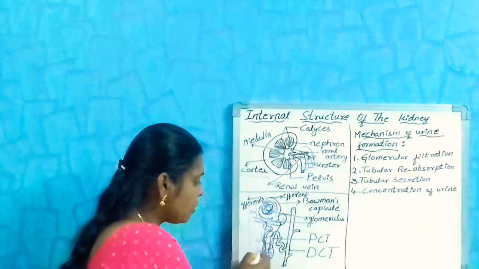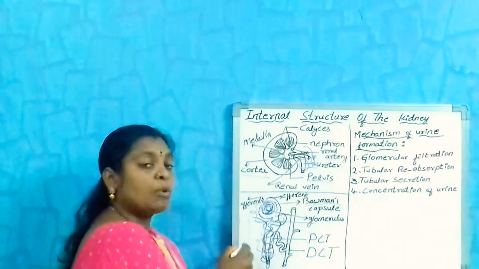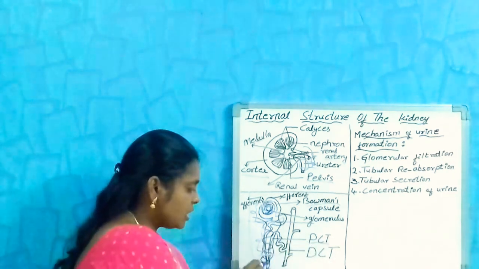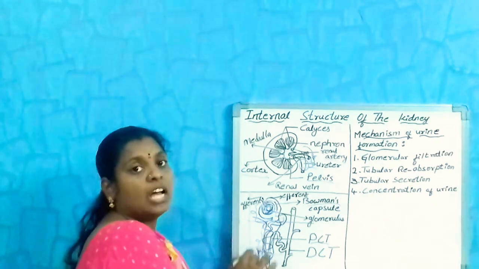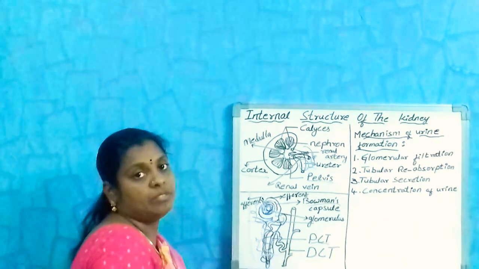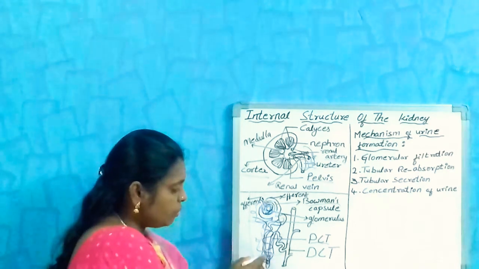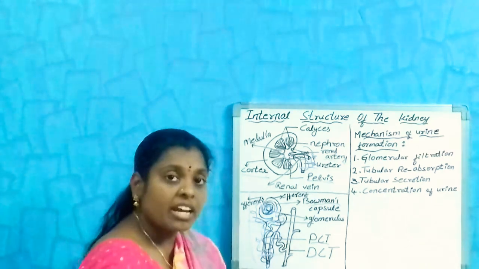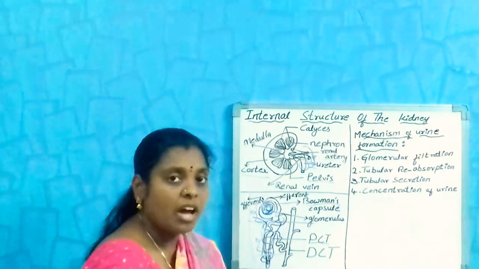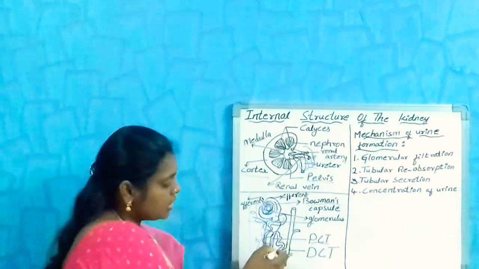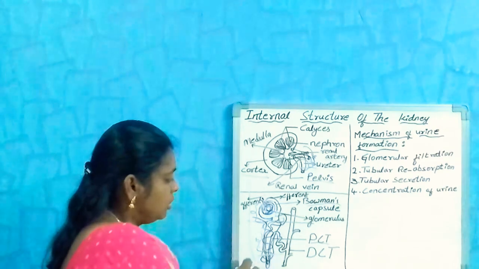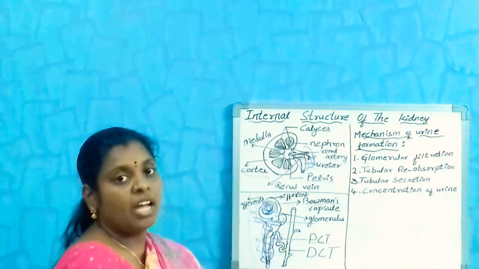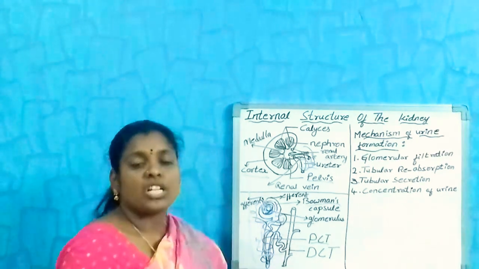This is the proximal convoluted tubule, that is the PCT. This is the loop of Henle, which joins the PCT with the DCT. This is the second convoluted tubule, the distal convoluted tubule. These two, PCT and DCT, are connected with the loop of Henle. This is about the structure of the nephron.